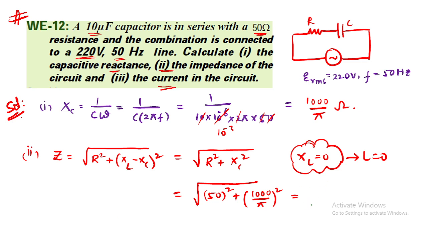We'll try like this, okay? 50 square plus, can I write this as 20 into 50 whole square, and pi square I am taking as 9. Is it okay? Pi square is approximately how much? 9.